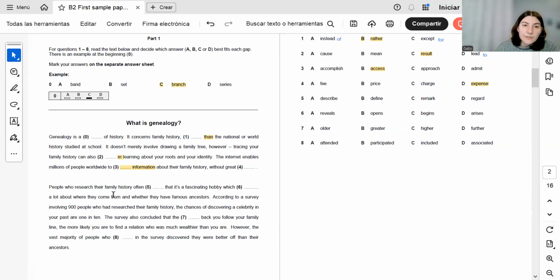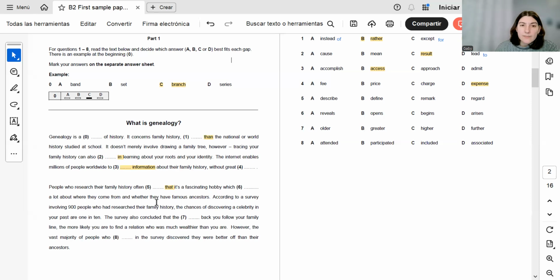Okay. Well, let's continue here. People who research their family history often that. Again, we want to see what might combine with this that. Often describe that. Doesn't sound about right. Define that. Remark that. Regard that.